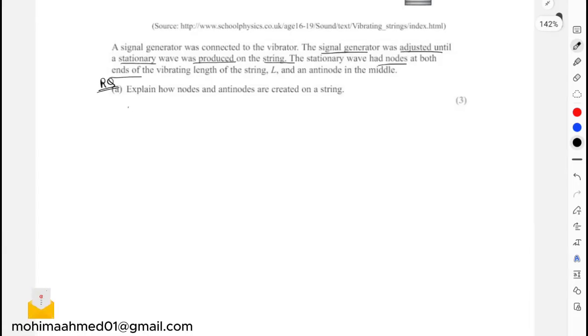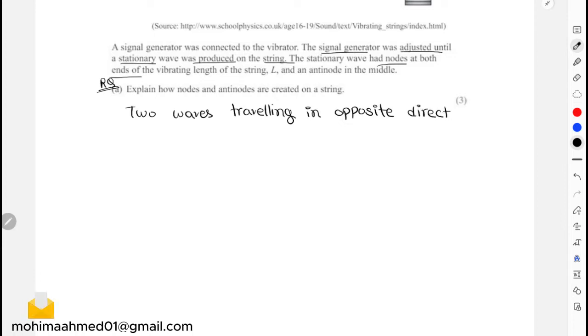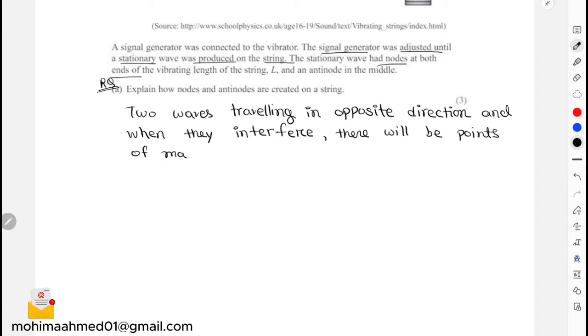So we'll write that two waves traveling in opposite directions, and when they interfere, there will be points of maximum amplitude causing constructive interference known as antinodes.